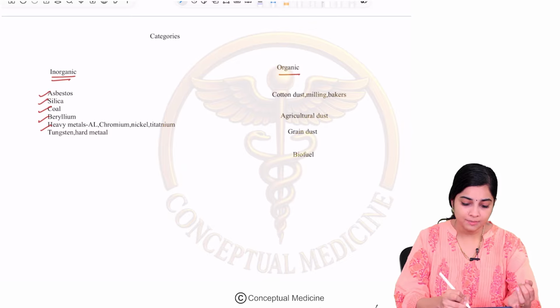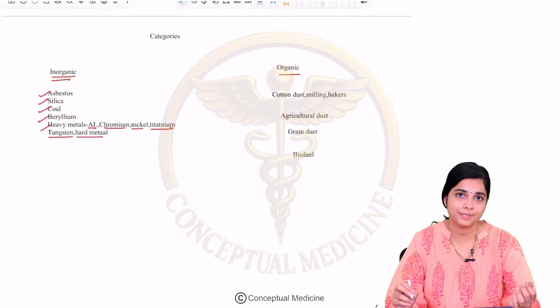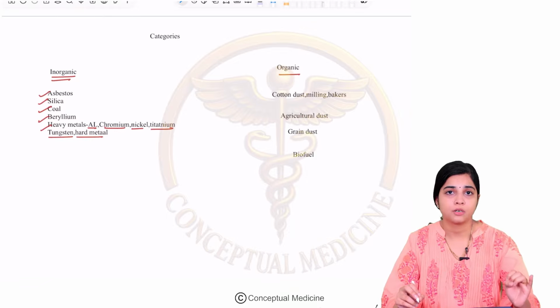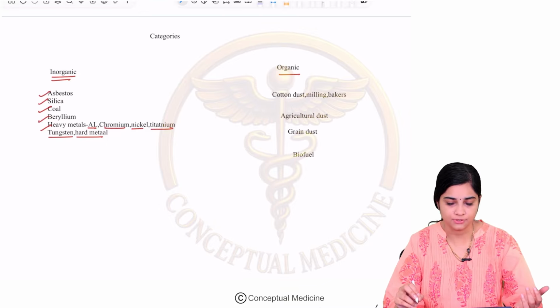Under the heavy metals, we have aluminium, chromium, nickel, titanium, tungsten and other hard metals. What we will be learning in detail is predominantly asbestos related lung injury, then silicosis, coal workers pneumoconiosis and beryllium related lung injuries.